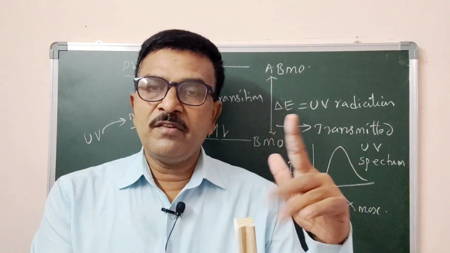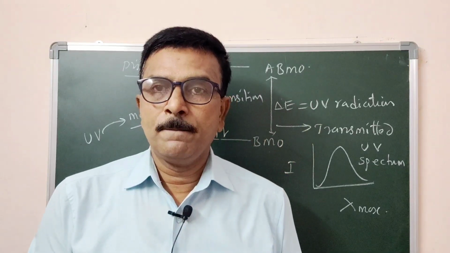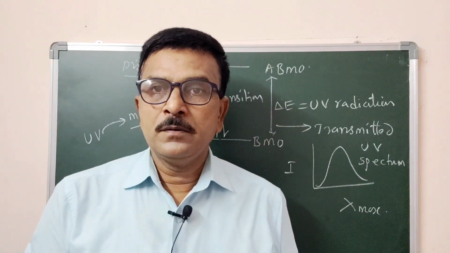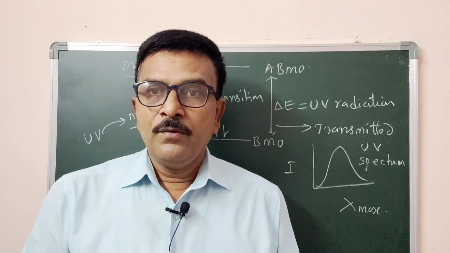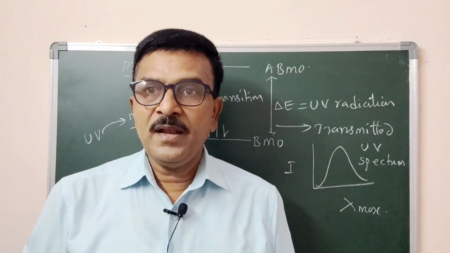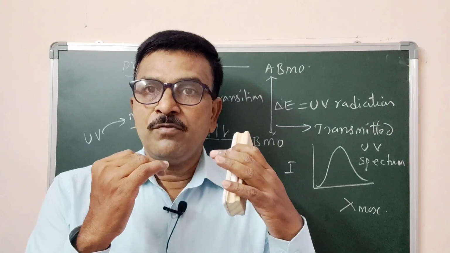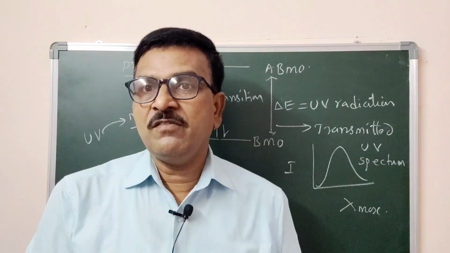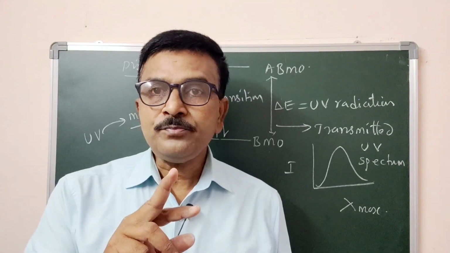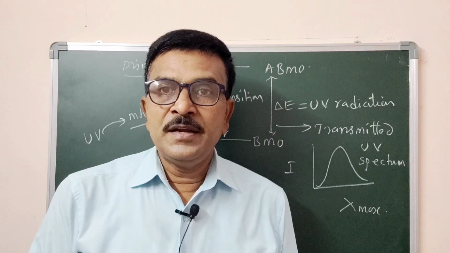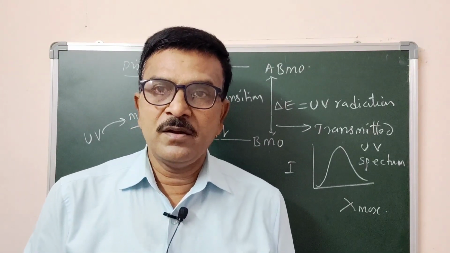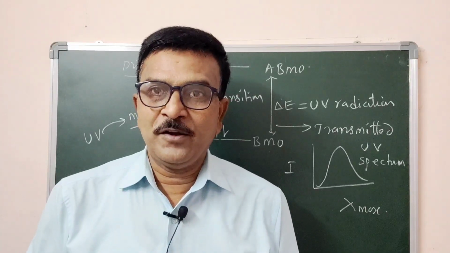Higher wavelength, lower frequency; lower wavelength, higher frequency. So based on the wavelength of absorption by the sample molecule, we can predict what kind of electronic transition happens inside the sample molecule, from which we can predict the nature of the sample. So depending upon the type of electronic transition, we can predict the nature of the sample molecule, which we may study in the application part. So this is about the principle of UV spectroscopy.